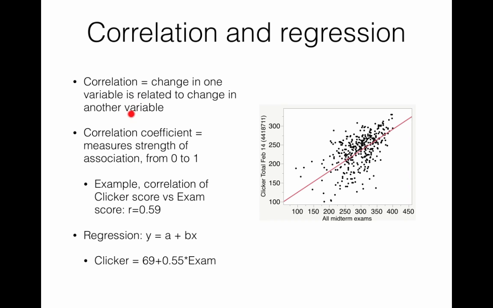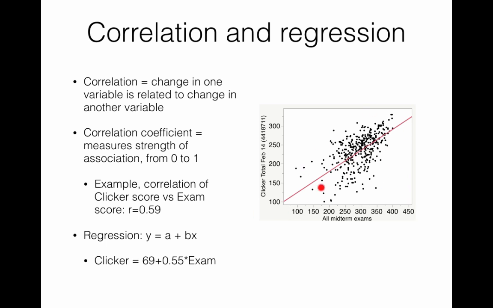So correlation tells us that the change in one variable is related to change in another variable. Now the correlation coefficient measures the strength of the association from 0 to 1. You can look up the formula for how you measure the correlation coefficient, but I can tell you that in this case the correlation coefficient, indicated as R, is equal to 0.59.